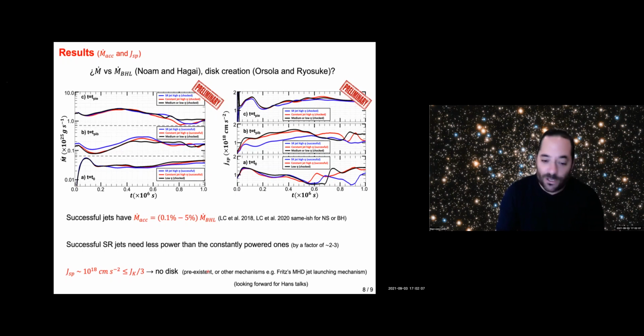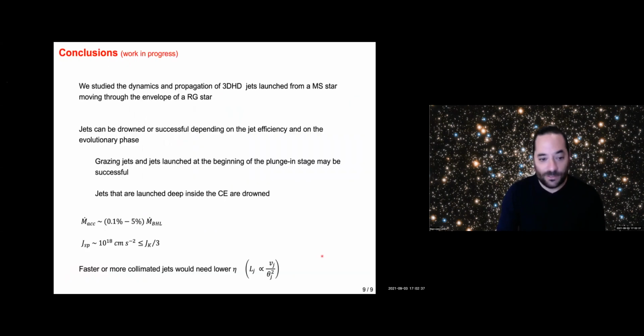So here we conclude that either the jet is pre-existent, like Noam already mentioned, and it survives all this journey, or we have other mechanisms, just like Fritz showed in that beautiful simulation, in which the jets are launched just by MHD mechanisms and no disk is required. And I'm really looking forward to Hans' talk, where I hope he will discuss this.